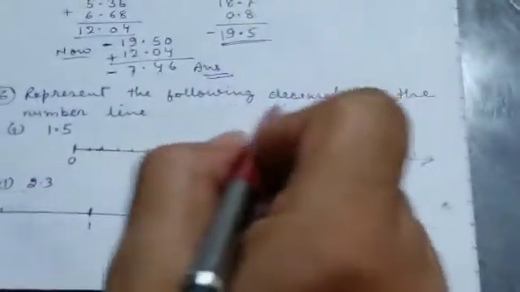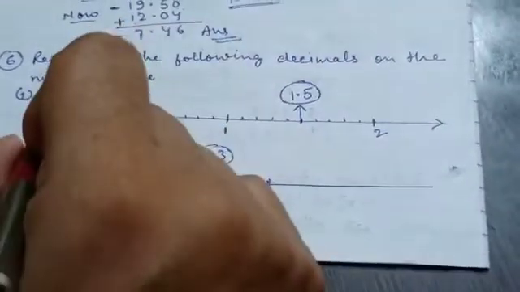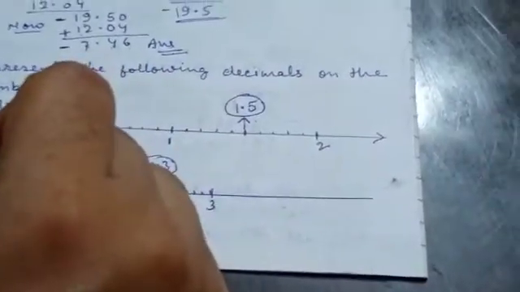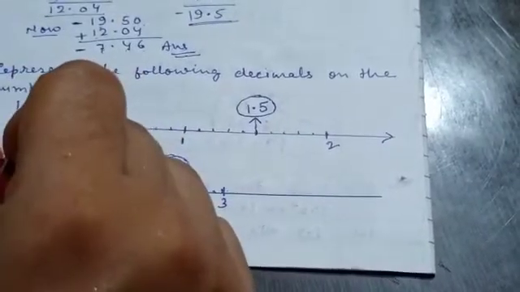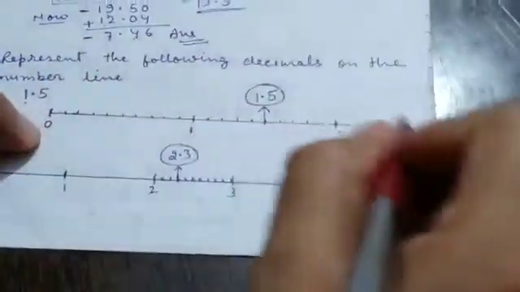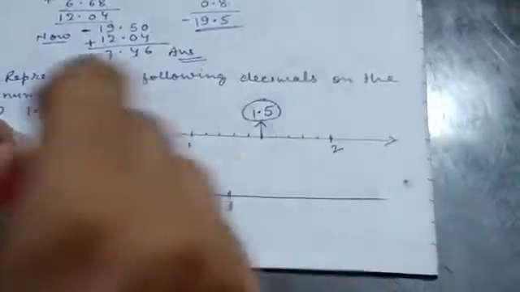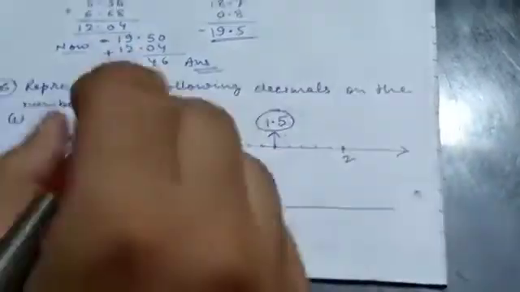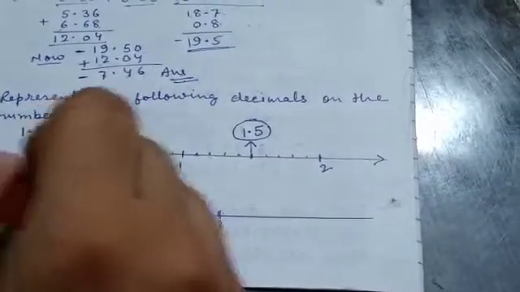Next question is to represent the following decimal on the number line: 1.5. So how will we represent it? First we will draw one line, and it is a positive number, so all the positive numbers should be represented on the right-hand side of the 0. Right-hand side of the 0 will be where all the positive numbers are represented. So we will represent it like this.